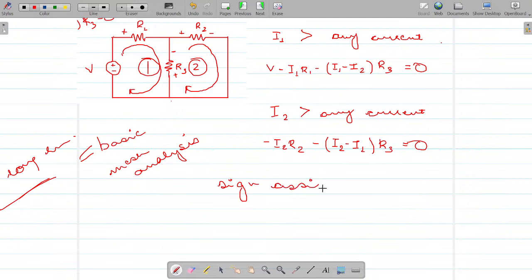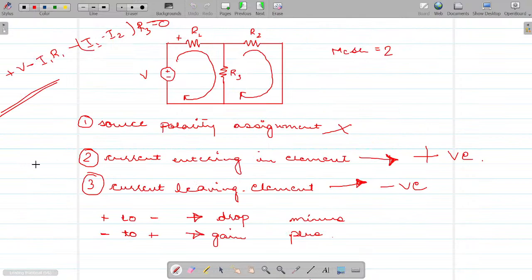assignments. In the direction of current, whenever the current is entering an element, you will assign it a positive sign. Whenever current is entering, whatever the direction of loop you have taken, clockwise or anti-clockwise, make sure you don't make this mistake.